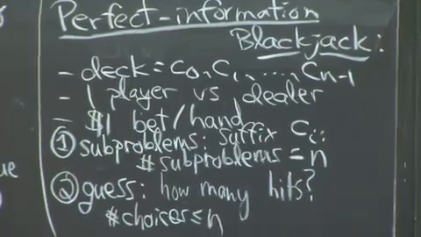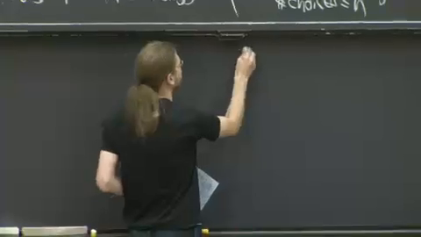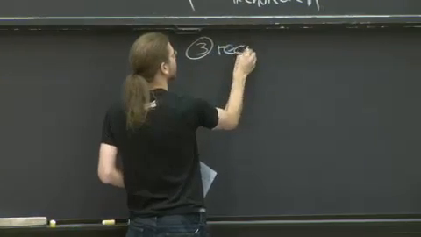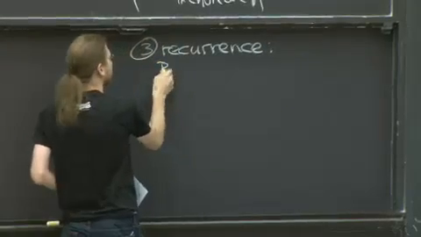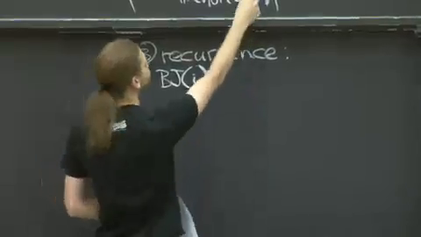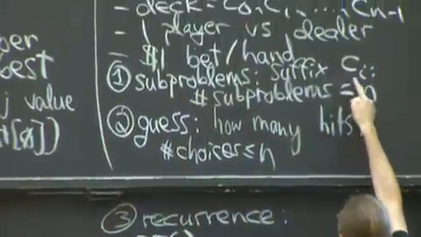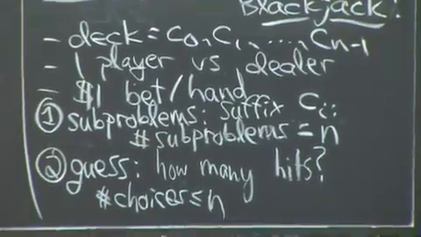OK, now we go to the recurrence. So I'm going to call this blackjack of i, the solution. I want to solve this subproblem from i onwards. What's the best play?